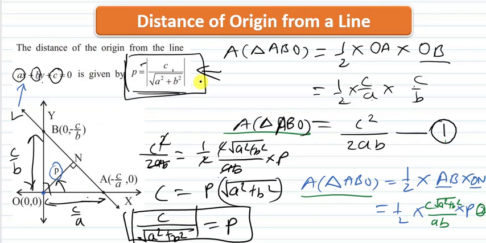So if you are not understanding this, don't worry. In the next topic you will understand this, right? Okay. If you remember, the constant should be divided by root of square of coefficient of x plus square of coefficient of y. So not coordinate, it should be coefficient, right?